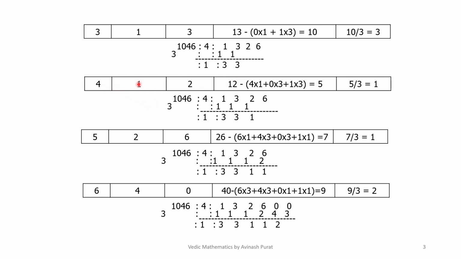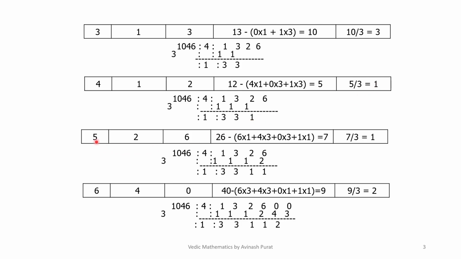Fourth step, remainder is 1. Dividend digit is 2. So dividend 12 minus 4 into 1 plus 0 into 3 plus 1 into 3 equal to 5. 5 divided by 3 is equal to 1. So 1 is quotient.